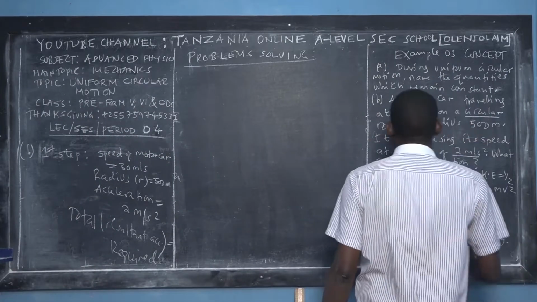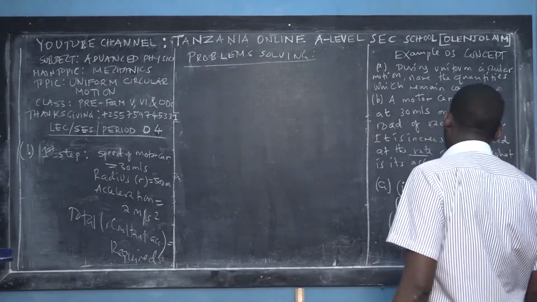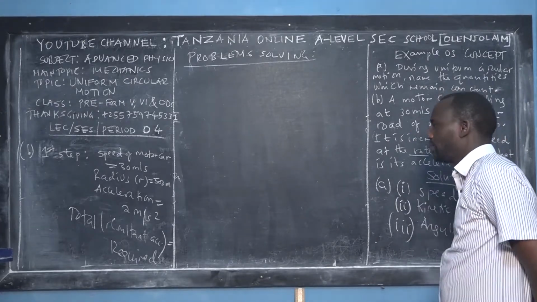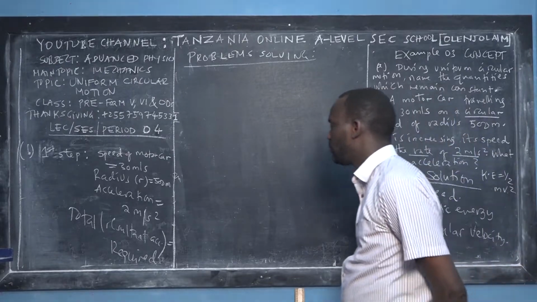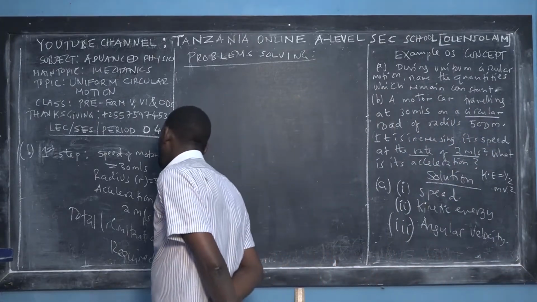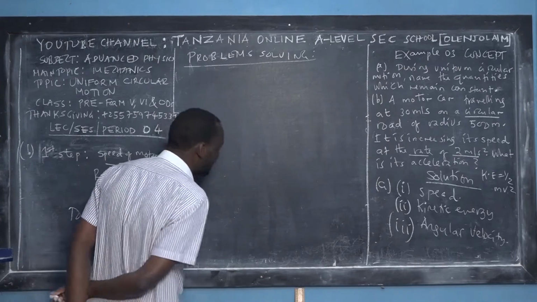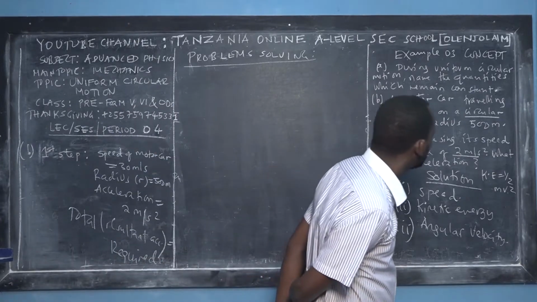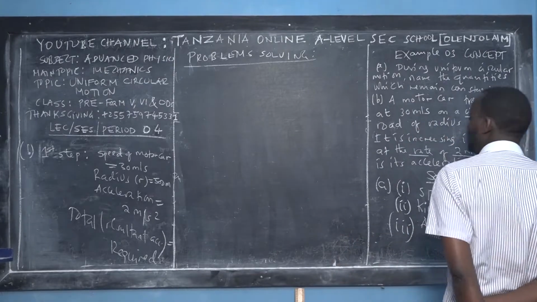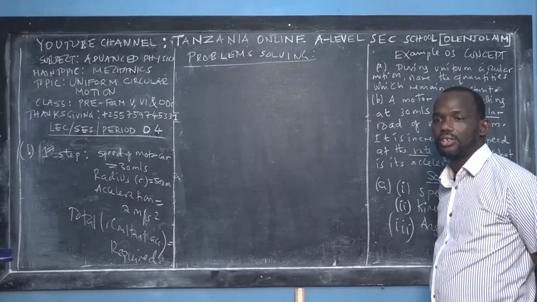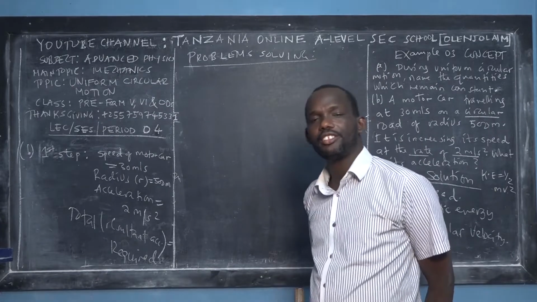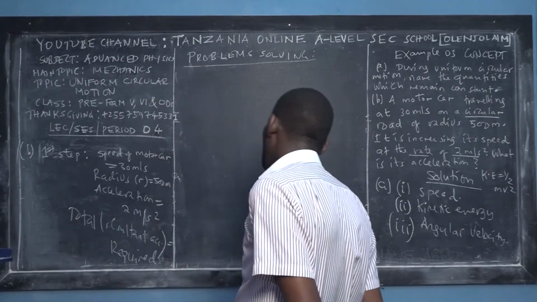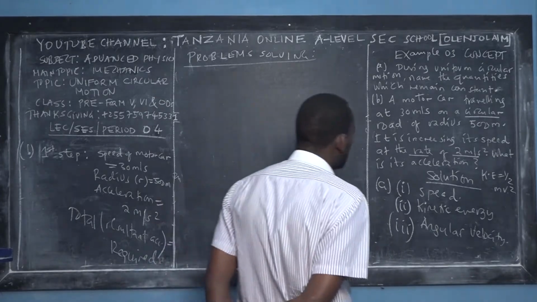The velocity or the speed exists, but it is increasing its speed at the rate of 2 meters per second square. We should ask ourselves which type of acceleration that is. That is called the tangential acceleration. It is the only one which can increase when the body is moving in circular motion. Tangential acceleration is the one that might change while the body is still in motion.